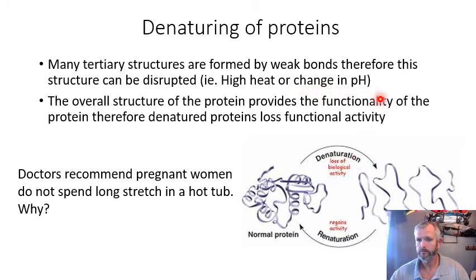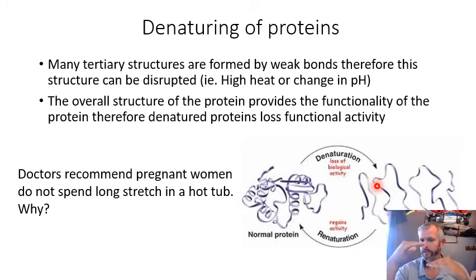Also pH. If it's too high or too low, that can cause disruption in interactions between those hydrogen bonds or those other interactions, and we can get, again, denaturing of the protein.